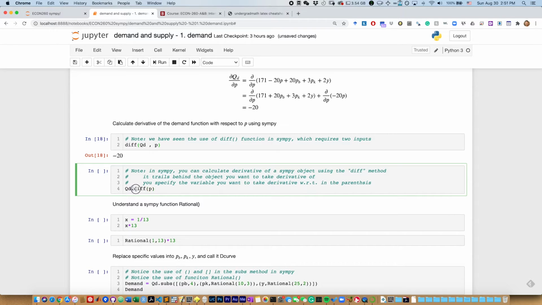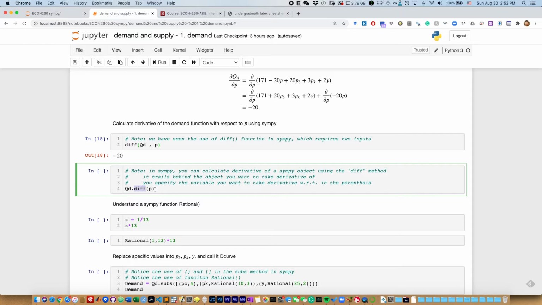This kind of way of writing, where we put the object that we want to take the derivative of first, and then use a dot diff type of operation, has a name in Python. This is a general way of using many different functions, and whenever they can be used this way, this diff part is no longer being thought of or called a function, it's being called a method. That's just a technical thing in Python, but you can just think of it as a different way of using a function.